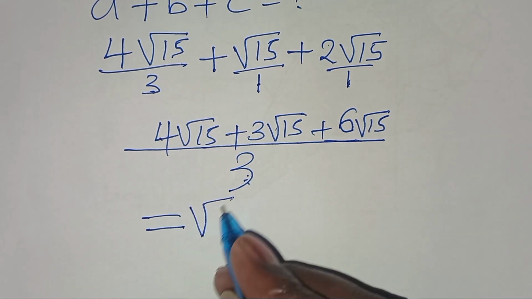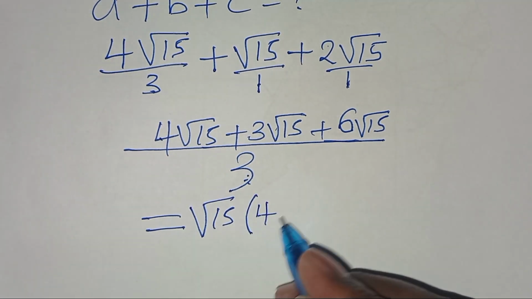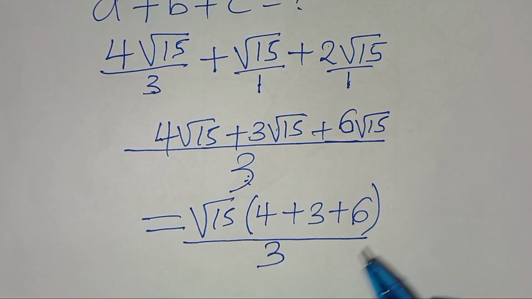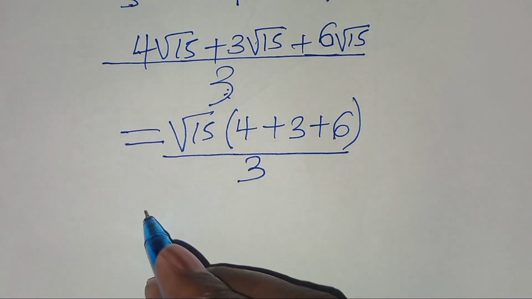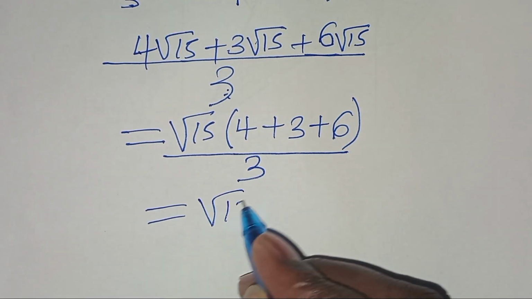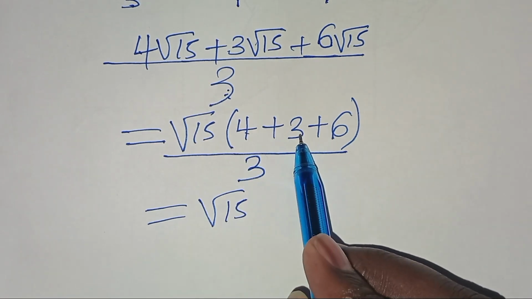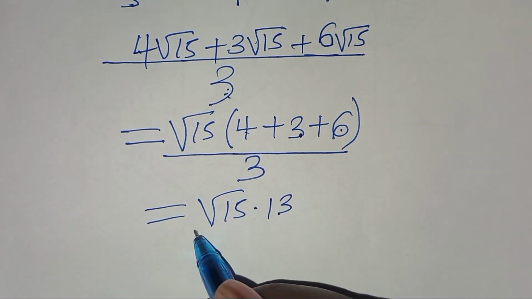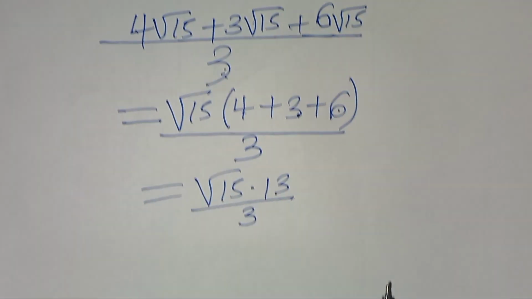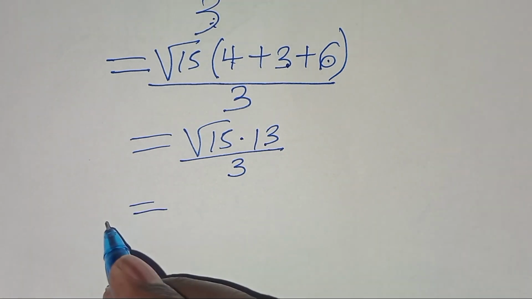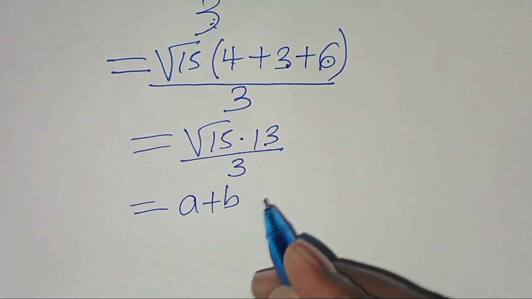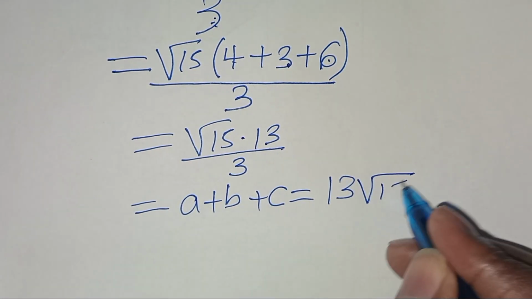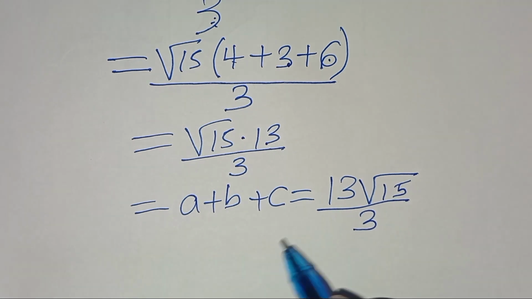So we'll have square root of 15 times 4 plus 3 plus 6, all divided by 3. 4 plus 3 is 7, 7 plus 6 is 13, all divided by 3. So the solution here, that is a plus b plus c, is equal to 13 square root of 15 divided by 3. So this is the solution.